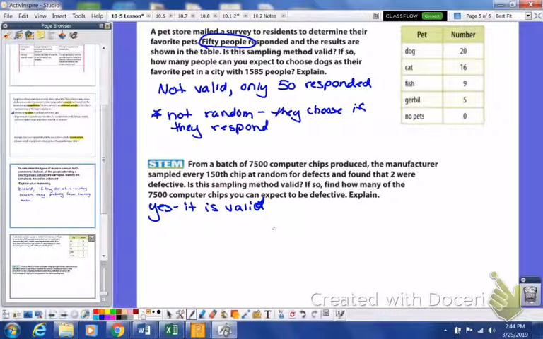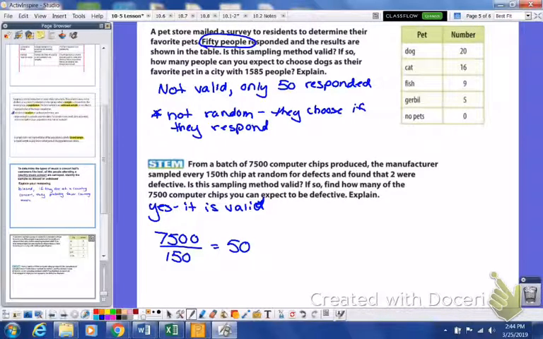So first off, if I have 7,500 and every 150th is chosen, I want to find out how many times is that going to happen. So out of that 7,500, if we divide this, you'll find that 50 of them were tested. So 50 total chips would be tested.